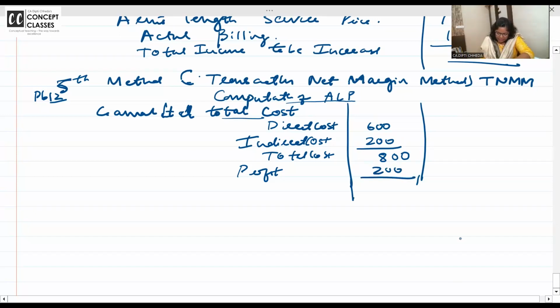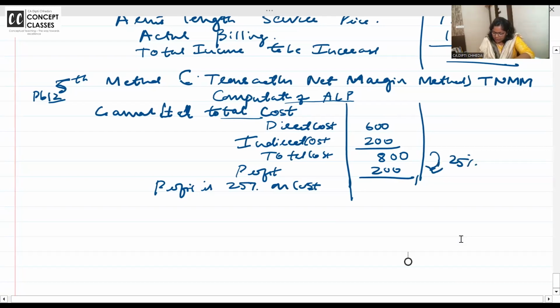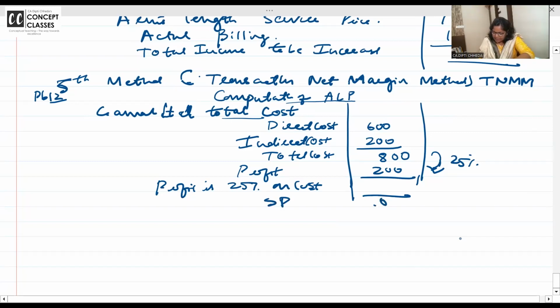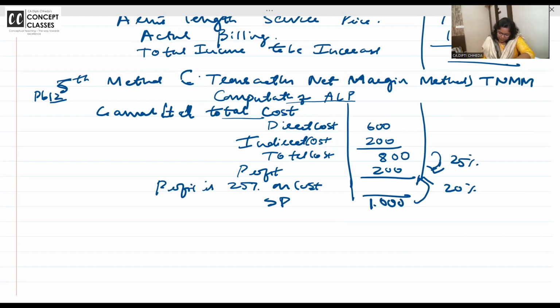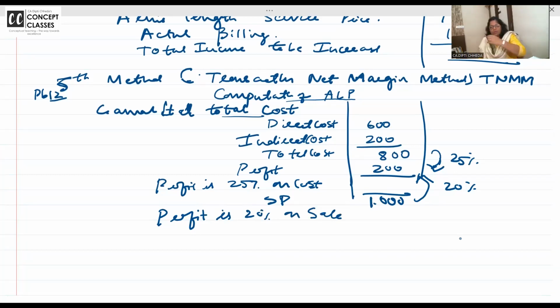So can I say profit is 25% on cost. इसका 25%, 1/4. 800 का 25%. और अगर आप सेलिंग प्राइस देखें 1000 तो इसका 20%. बोलो. 25% on cost, 20% on sales.